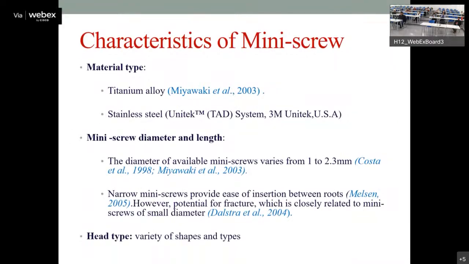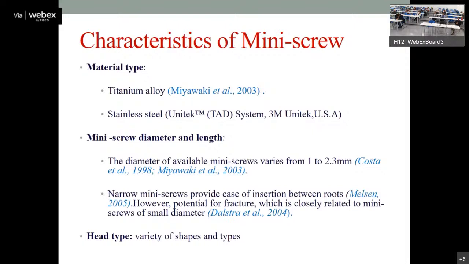These micro screws can be made either of titanium alloy or stainless steel alloy. Stainless steel is usually used for thicker cortical plate and denser bone because it can resist fracture better than titanium alloy. The micro screws are available in different dimensions, length and diameter. The diameter can be from 1 millimeter to 2.3 millimeter.